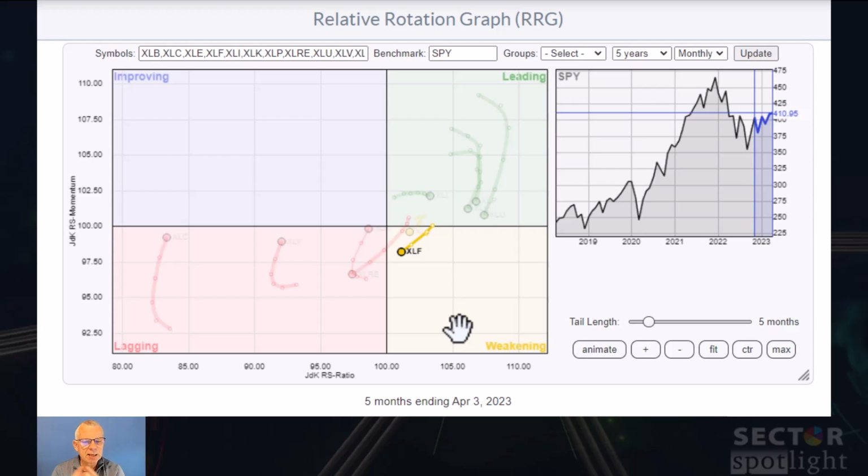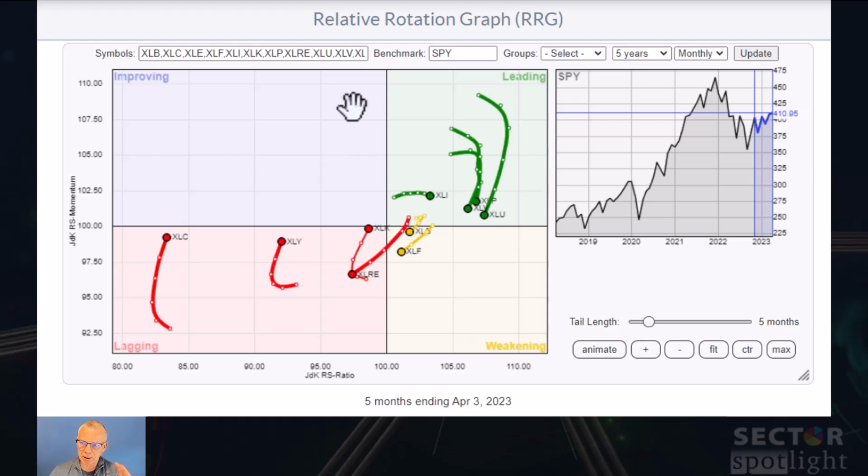So out of all these sectors, financials is probably the one that we need to keep an eye on most, because it'll either move into lagging or it will curl back up and start moving to leading. From this tail, it's very hard to say. So that is the rotation based on the monthly RRGs.